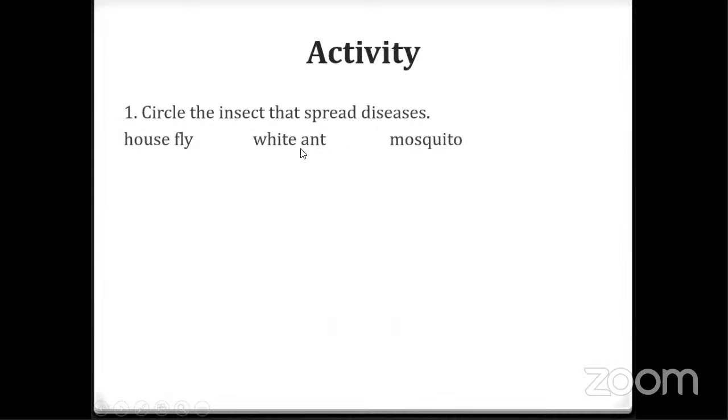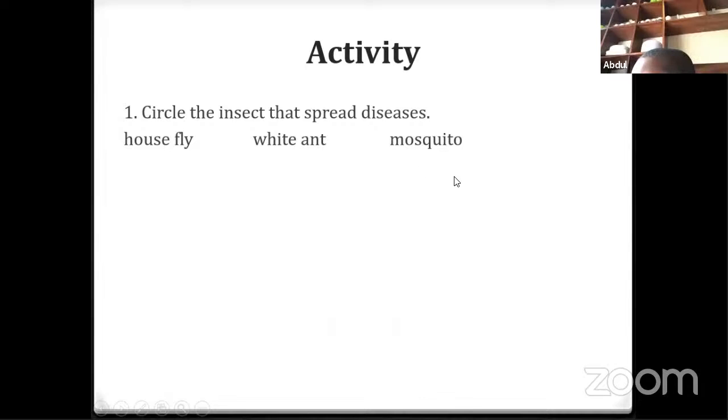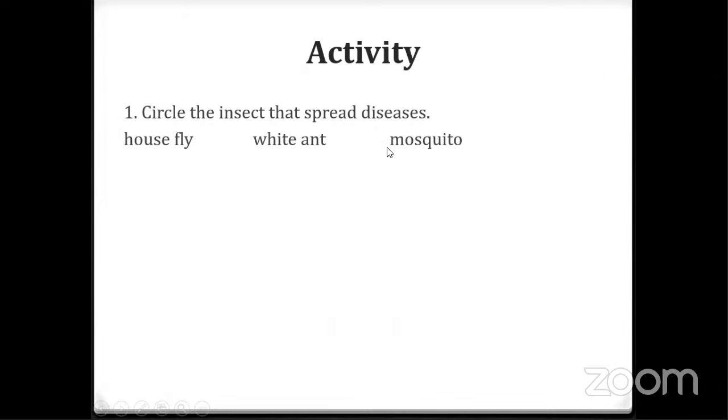So between the white ant and the mosquito, which one? I'm saying which of these insects? All these ones are insects. And we have said that a housefly spreads diseases. And then now we are remaining with the white ant and the mosquito. Which one of these spreads diseases?